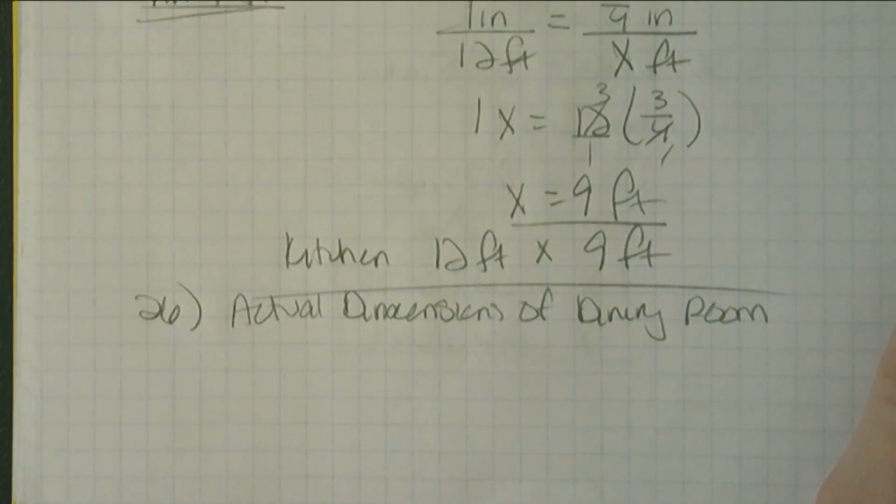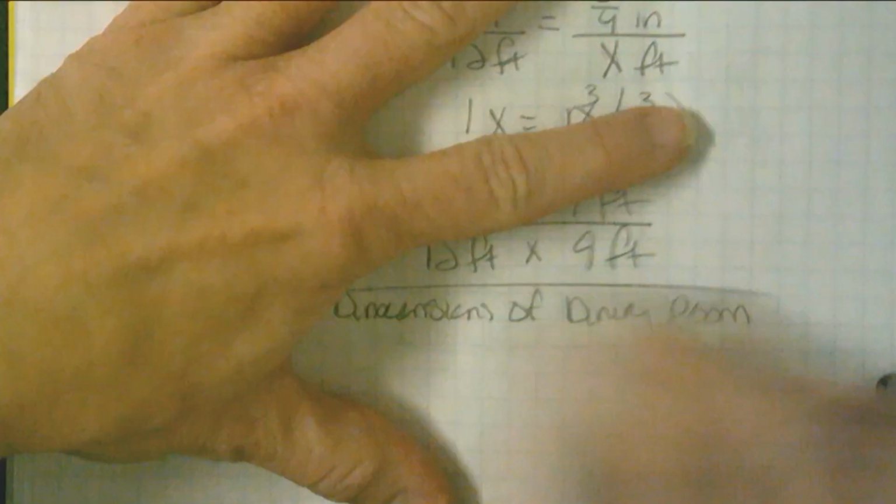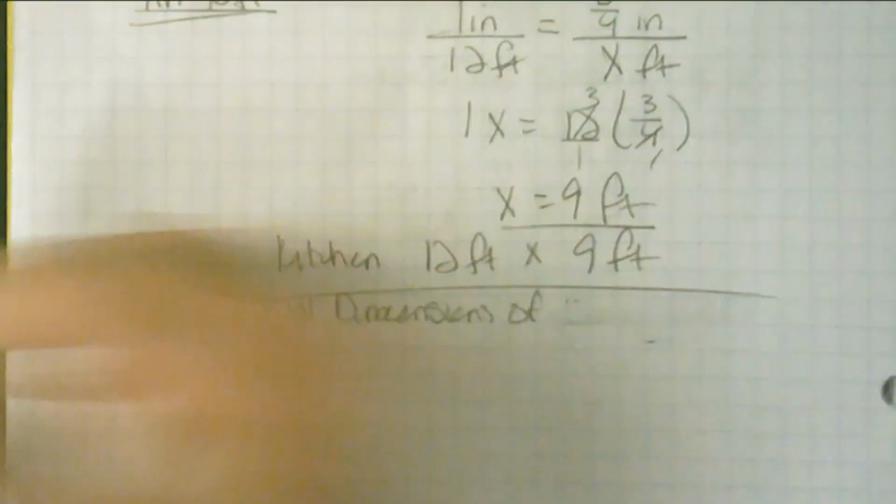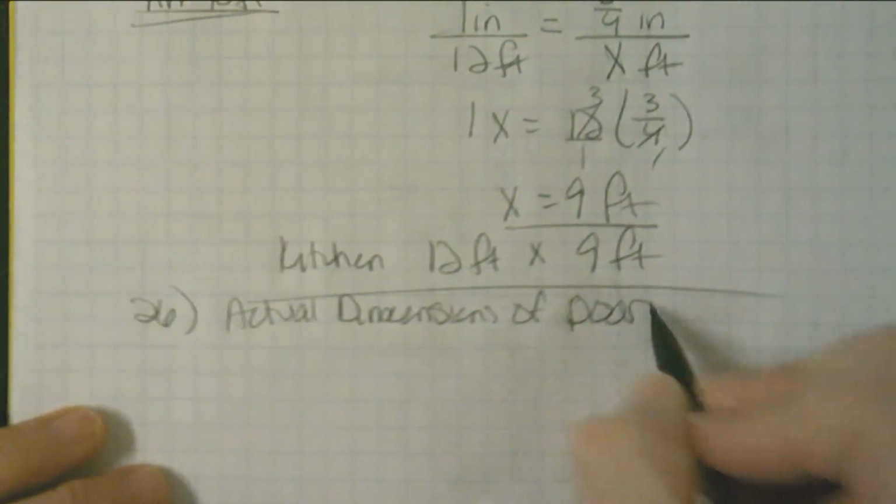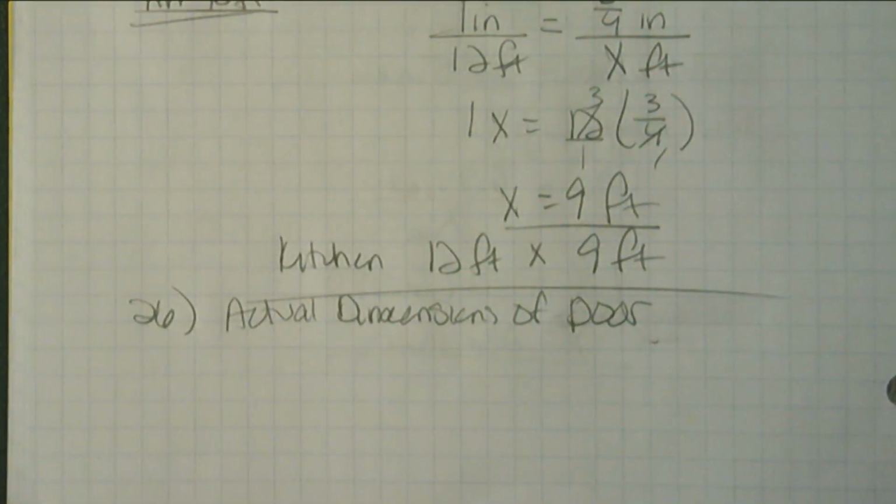This is actually, oh no, we're not doing that. We want to know the actual width of a door. What is the drawing measure of a door? Yes, it's 1/4 of an inch.